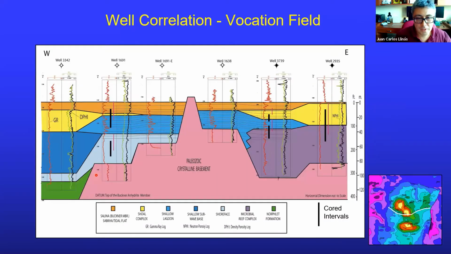So this is a well cross section of the field where the previous wells are from. And what you can see here is the distribution of these sub-environments in the Smackover Formation. Here you have the Smackover, this Norphlet on the lowermost part of this section over here to the west. Then you have this shoal facies environment to the west, while you have the big development of microbial buildups to the east.